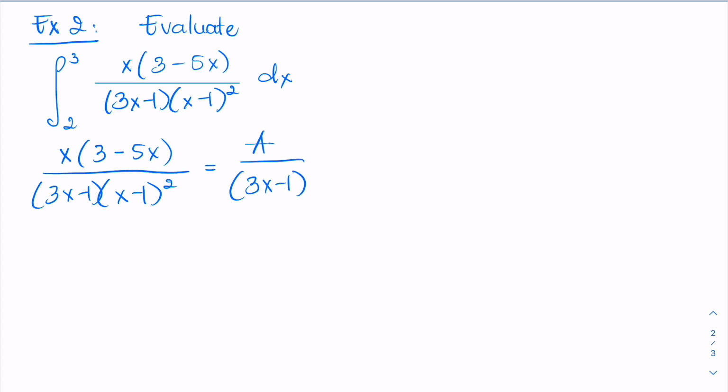For x minus 1, for every single exponent, you need a constant for it. So B is going to be over x minus 1 to the first power, and C is going to be over x minus 1 squared. So for example, if I have a cube here, then I would have B over x minus 1, C over x minus 1 squared, and another one, D over x minus 1 cubed.